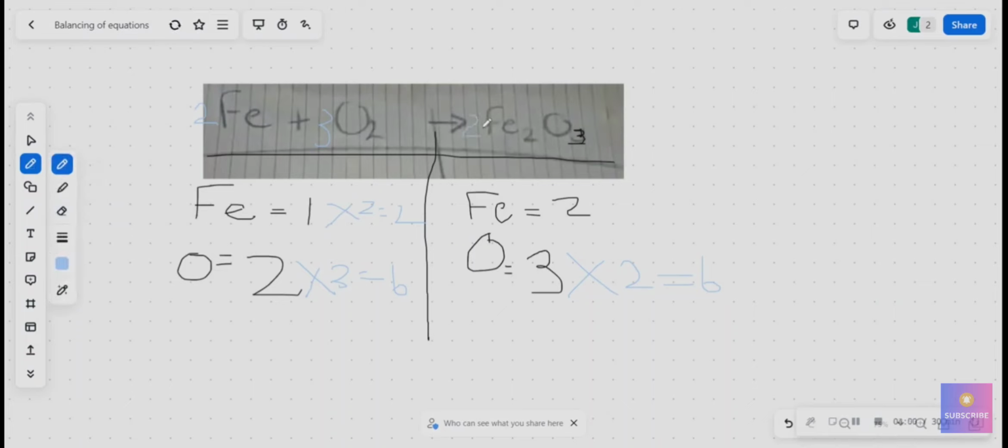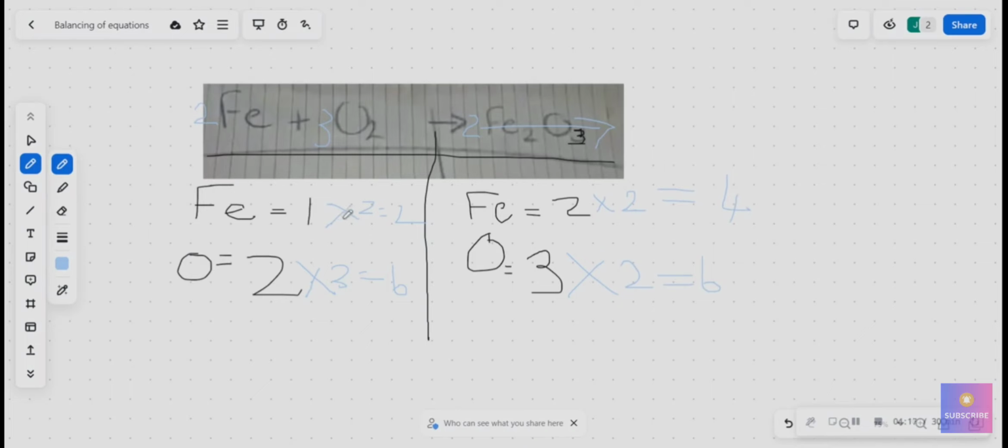But if I write it there, remember, it's going to multiply with the iron also throughout. So it's going to be multiplied by 2 and it's going to be a 4. Then when I go and check, is it balanced?